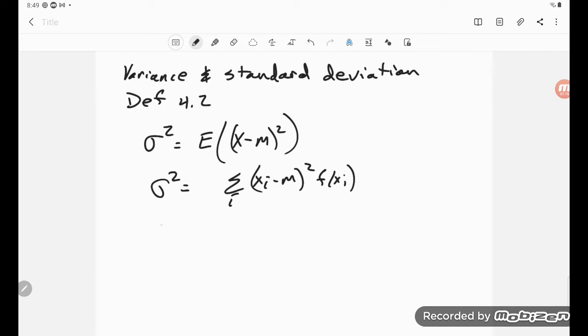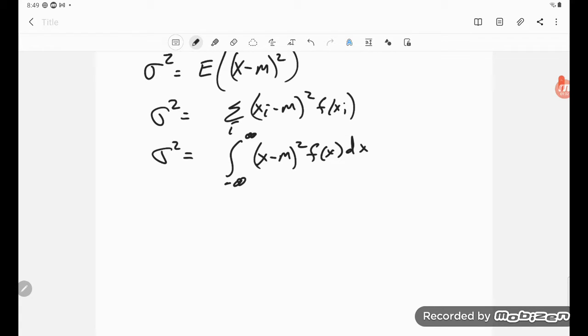And for continuous, we have the integral from minus infinity to infinity of x minus m squared f of x dx. And so that's all it is. I mean, it's just that particular expected value.